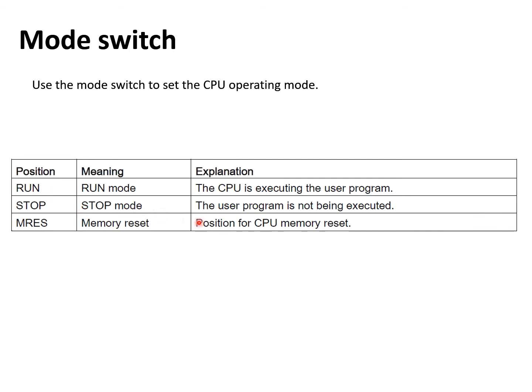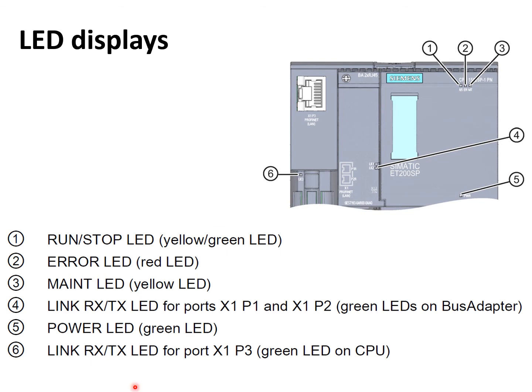Stop mode is a red LED that shows the user program is not being executed, and the memory reset position is for CPU memory reset. Okay. There are more details in this combination of these LEDs and indicators. Okay, so LED displays, we have run stop LED, a yellow green LED.